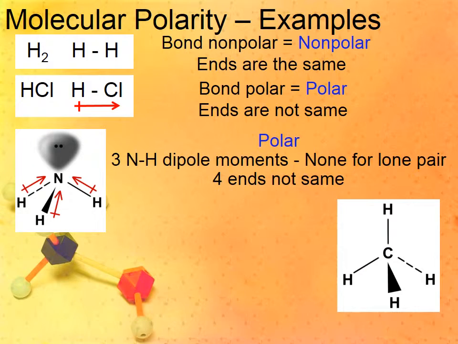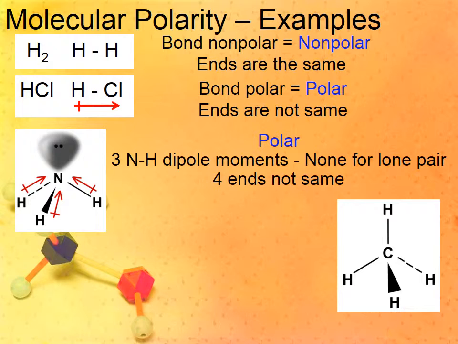What about methane? Well, let me ask you this. Are the bonds polar? I must tell you, some publishers will say slightly polar, some people will say that they are polar. It kind of depends on the electronegativity values that are provided for hydrogen and carbon, and those values sometimes depend on who published the table. But essentially, the carbon-hydrogen bond is nonpolar.